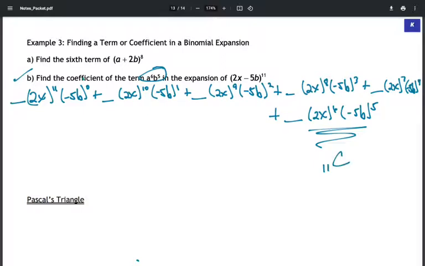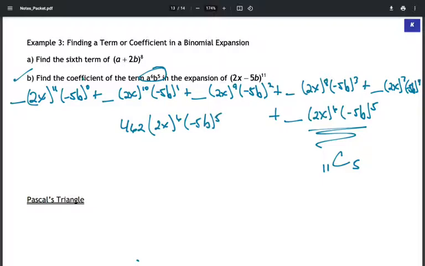We're going to have 11 on the left, and the number on the right will be 5. So when I type that in, I get 462. So that's the coefficient in front of 2x to the 6th power and negative 5b to the 5th power.